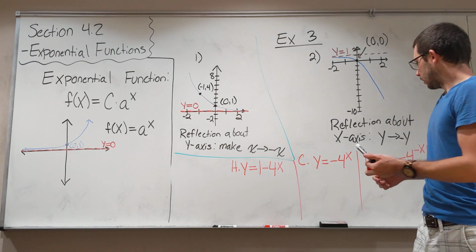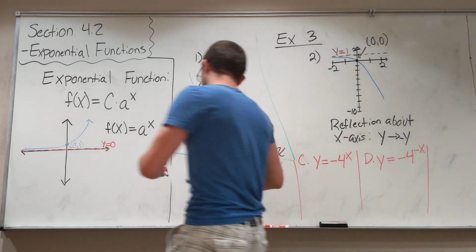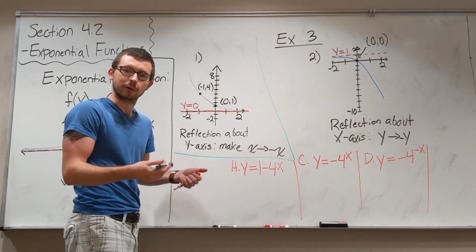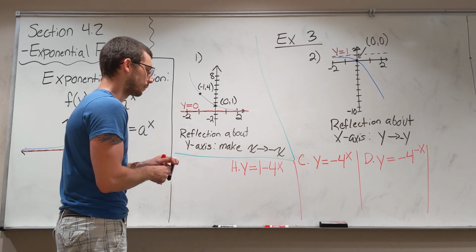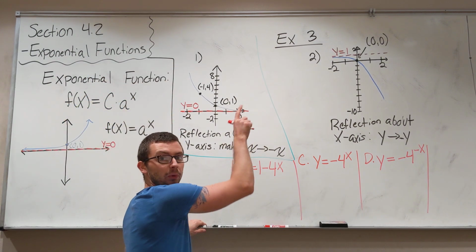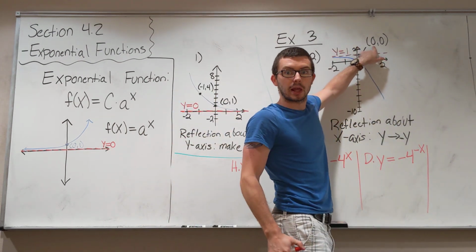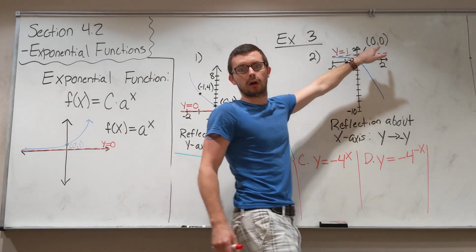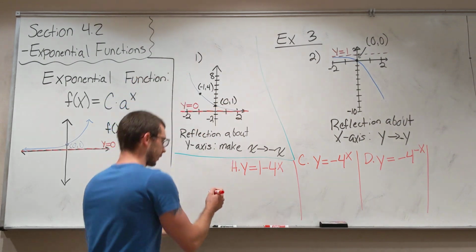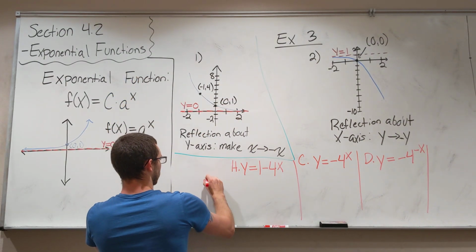Let's start off with H here. There's no order in which you have to test these. So here we're testing the point 0, 0. What this says is, if we plug in 0 for x, we better get 0 for y. So let's go ahead and figure that out for each one of these.